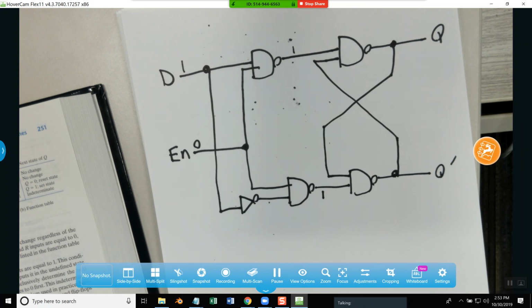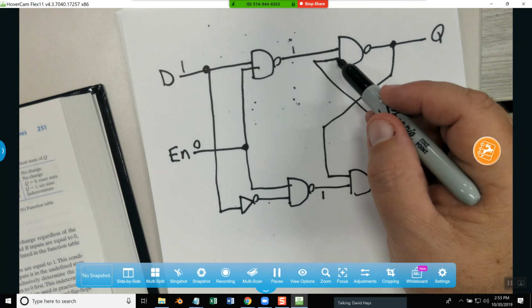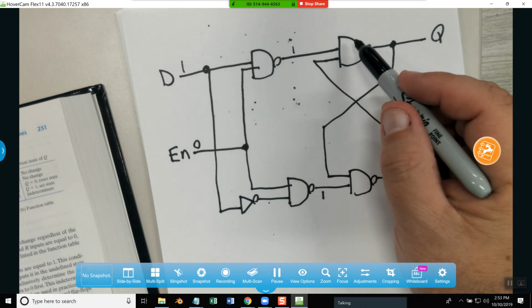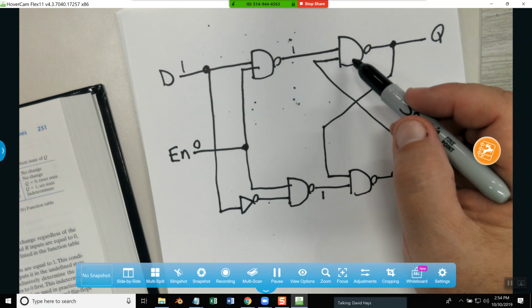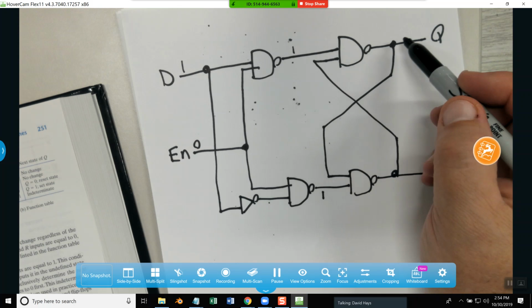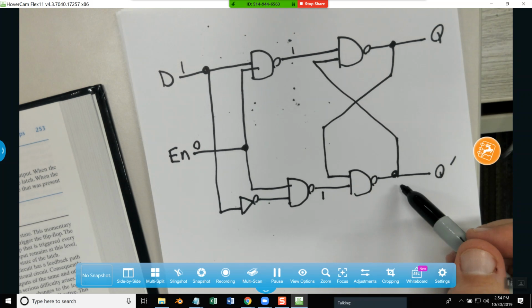Okay, so then if I change this to a 1, according to the table, it's a 1 coming in there. We've got 1 and 1, which is 1. Inverted becomes a 0. Down here, that's going to become a 0. 0 times anything is 0.